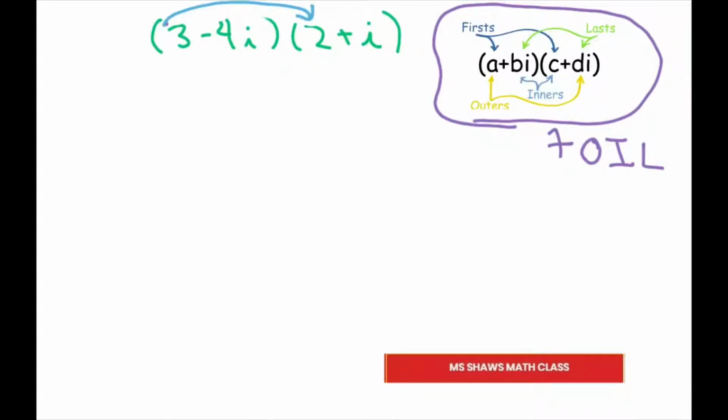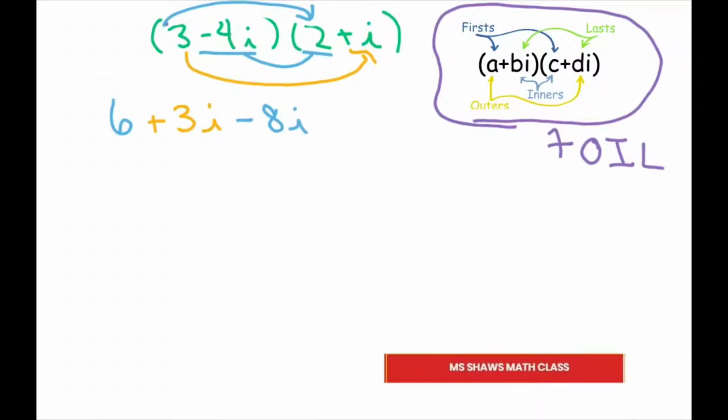So that's 3 times 2 is 6. And then we're going to do the outer. The outers are here. So that's 3 times i is just 3i. And our inners are these 2. So that's -4i times 2, which is -8i.